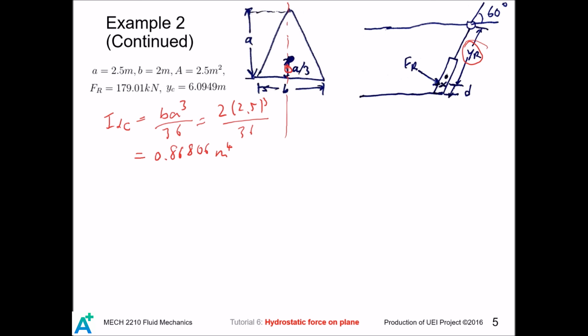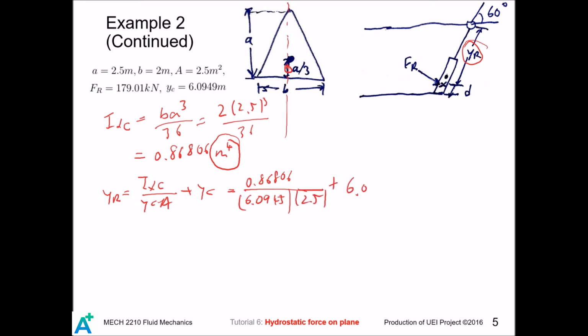Note that its unit is meter to the 4. So we plug into the formula and find that YR equals, plug in the value of YC, and that equals, we have already schematically shown how it looks like, and that is around here.